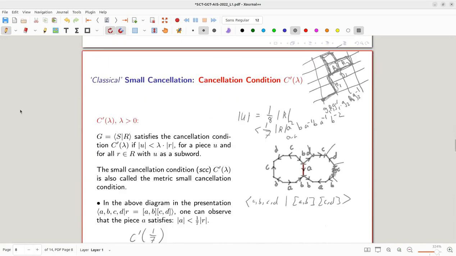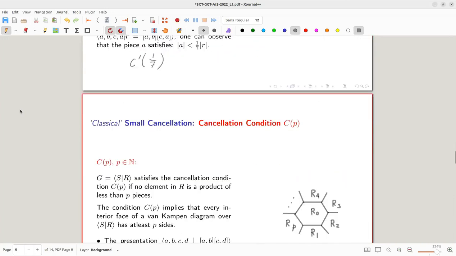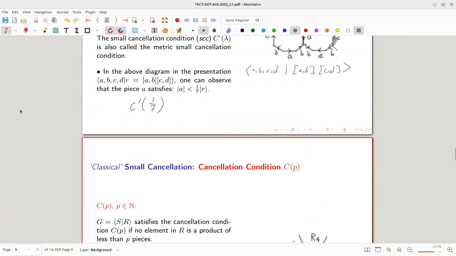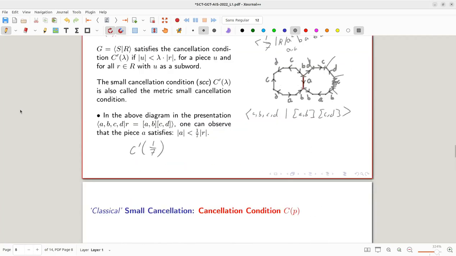So here they are 1/8 of the relators. So if you want to write down this relator, you will need say 8 pieces, right? How many pieces do you need? You cannot write it as a product of say 7 pieces, this relator or any other cyclic permutation of that.